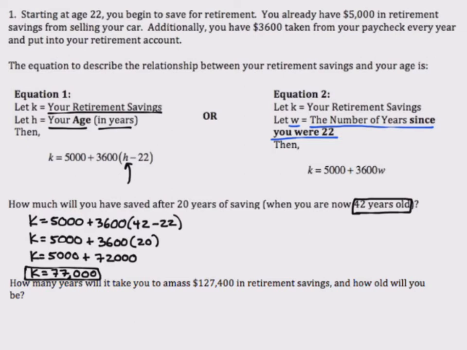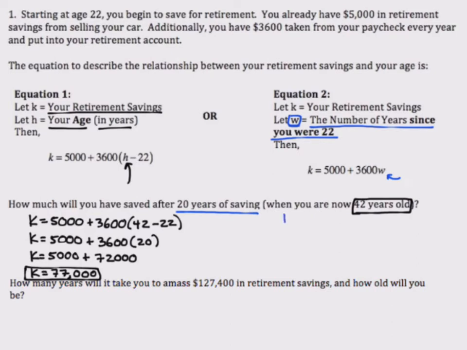Now what if we use the other equation, and we use that it had been 20 years since we began saving? Well, since this W represents the number of years since we began saving, since we were 22, let's go ahead and substitute a 20 in for this variable, which represents how long we've been saving.